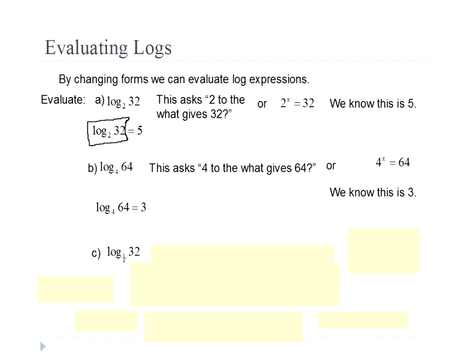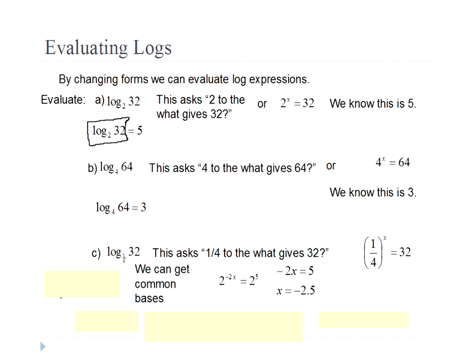This one is not one we would know right away, perhaps. Log to base 1/4 of 32. So this asks, 1/4 to the what gives you 32? So we don't know that. So what we would do here is we would get common bases. I know that 1/4 is 2 to the negative 2, and that's to the x.